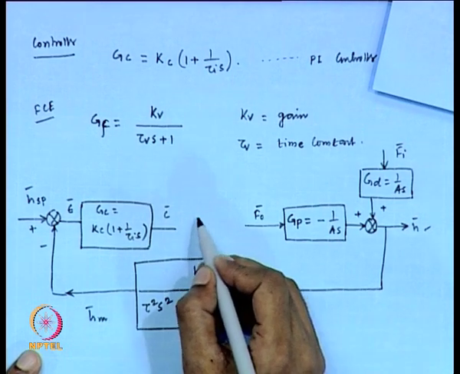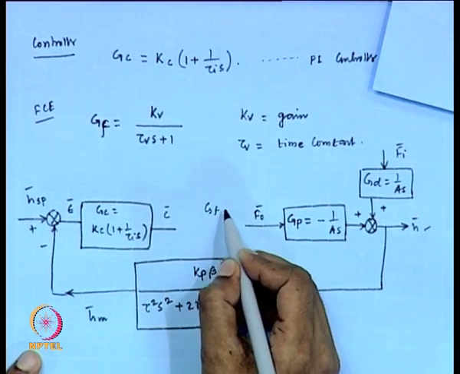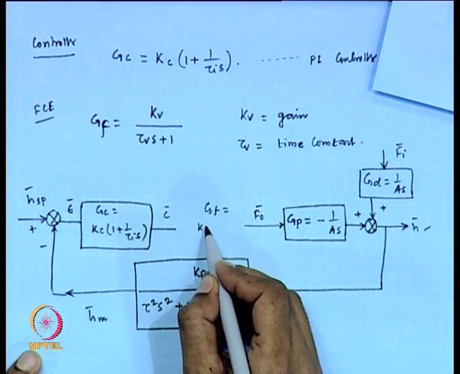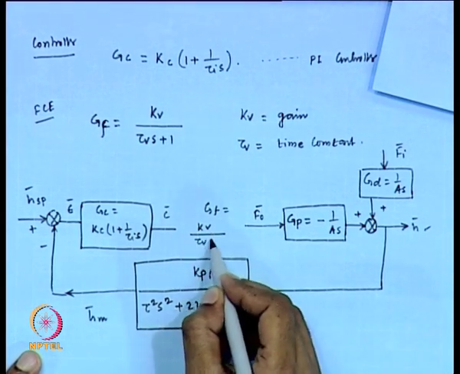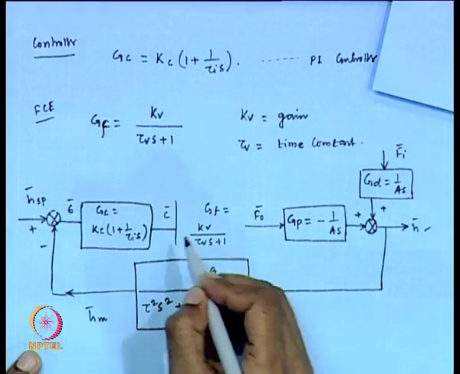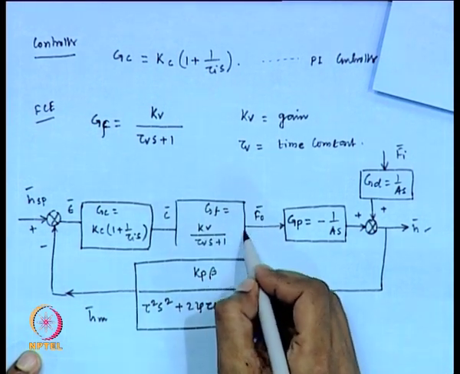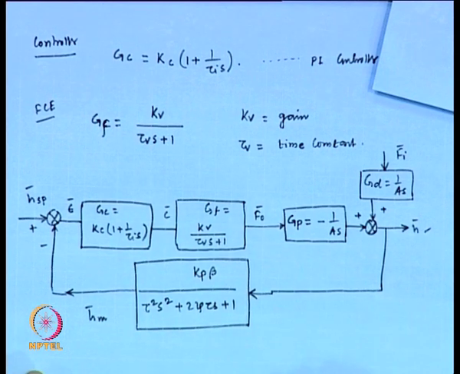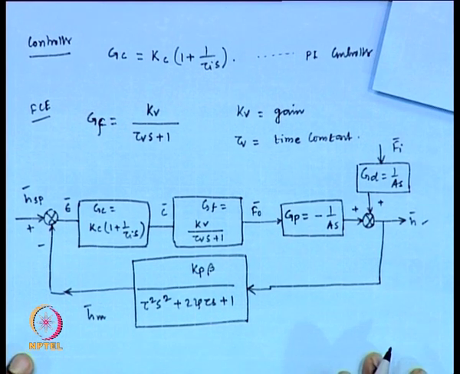The transfer function for the final control element is G_f equals K_v divided by tau_v s plus 1. So, this is the block diagram of the example liquid level system.